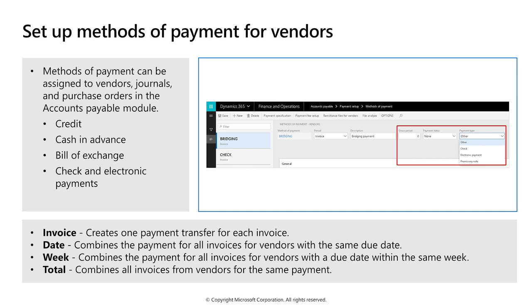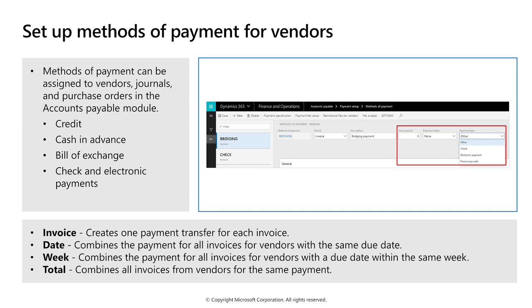We can select what type of payment is allowed in the payment type field. The available options are Other, which is the default value. The method of payment is none of the other choices, or means that the method of payment is not yet assigned. Check means the method of payment is a check.